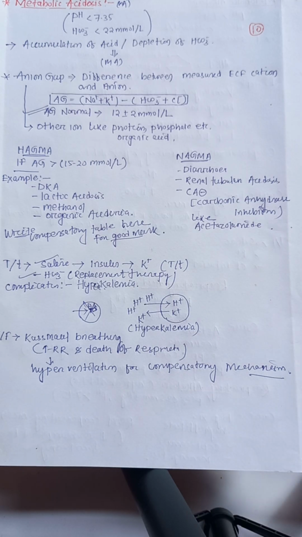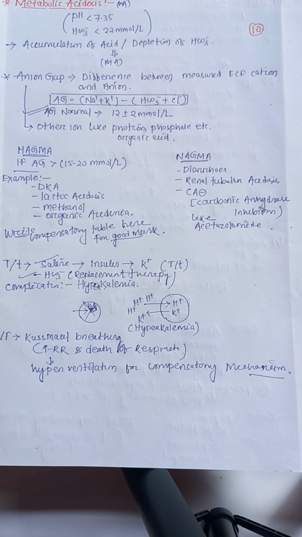And there is fast breathing. What is the compensatory mechanism? What actually happened is there is a decrease in the HCO3 level. So the respiratory compensatory mechanism will try to decrease the level of H2CO3 by hyperventilation.